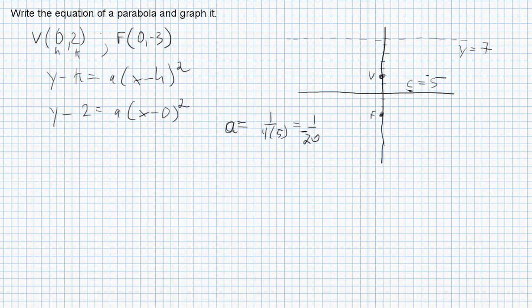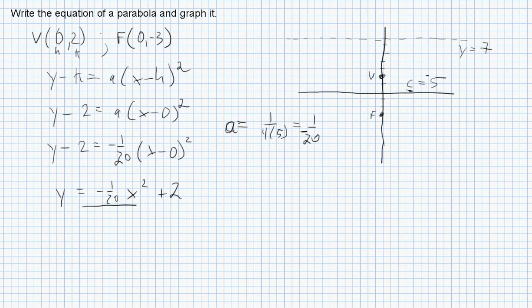So when we write our equation, we'll have y minus 2 is equal to negative 1 over 20 times x minus 0, quantity squared. Simplifying, adding 2 to both sides, y is equal to negative 1/20 x squared plus 2. And there we're done, at least writing the equation.